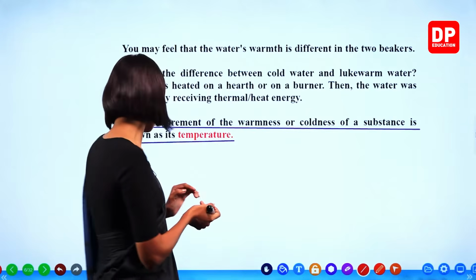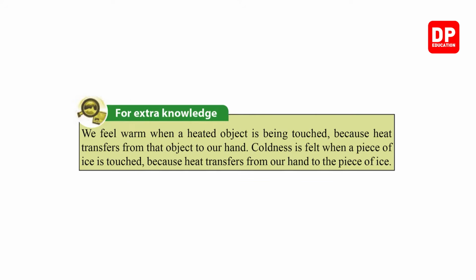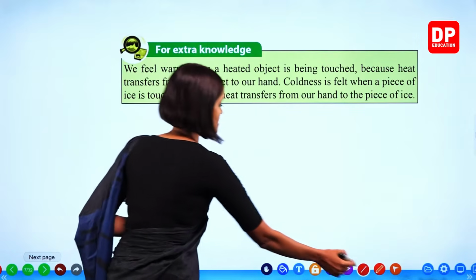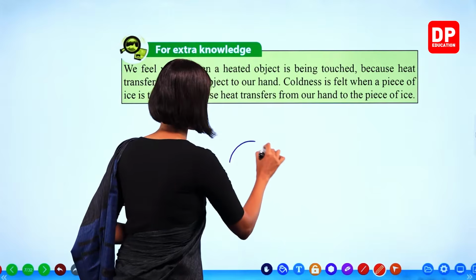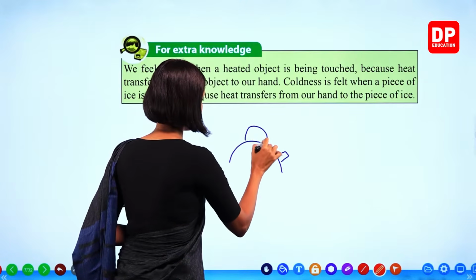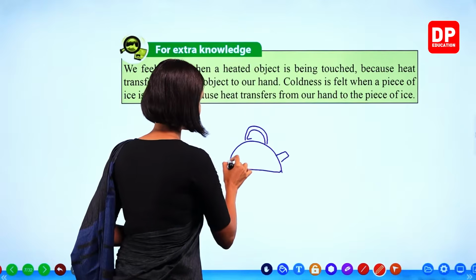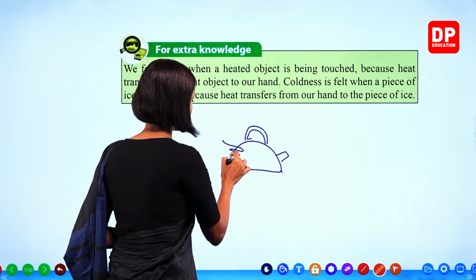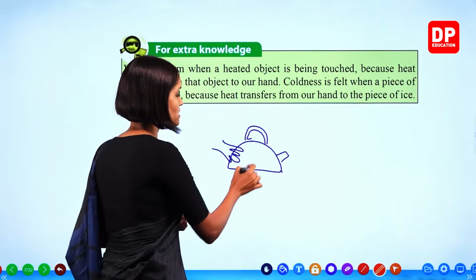Okay. So this extra knowledge part is also there. We'll go through this. We feel warm when a heated object is being touched, because heat transfers from that object to our hand. Right? Let's say there's a heated kettle. When we touch this kettle, what happens, children?